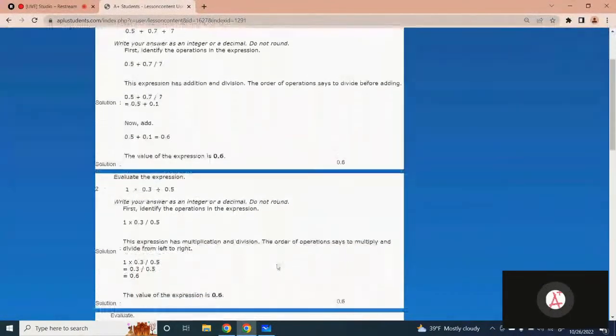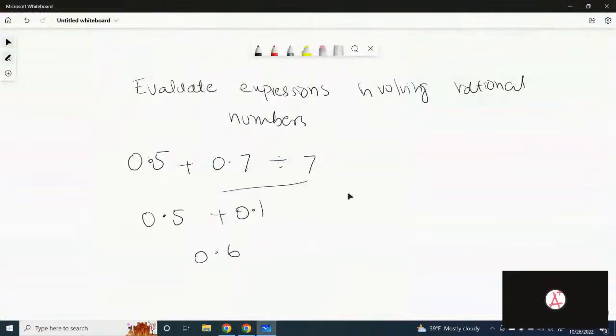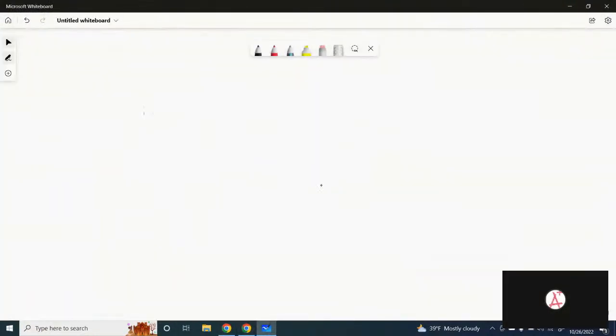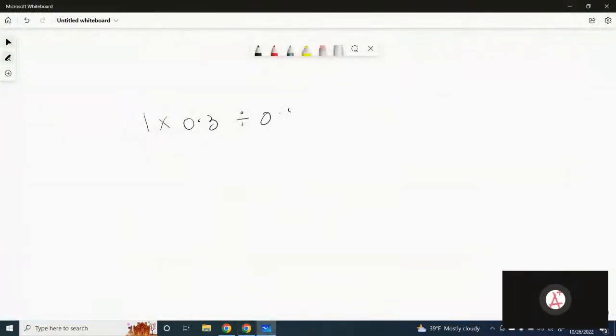The next example is 1 times 0.3 divided by 0.5. Okay, let me write it down on board. Now you have multiplication and division in the same question. Got it? They have the same priority level. You can do from left to right.